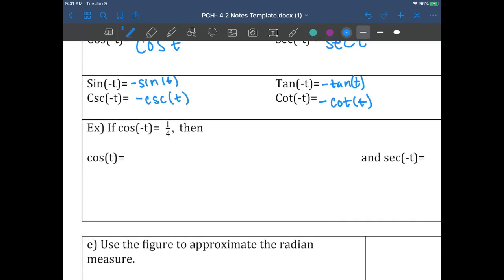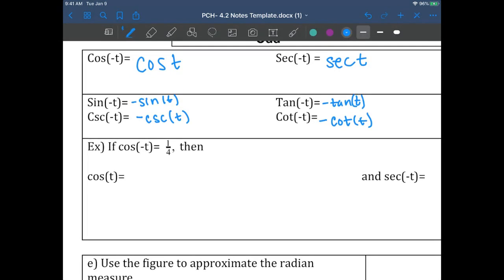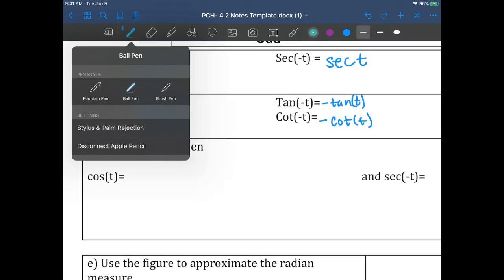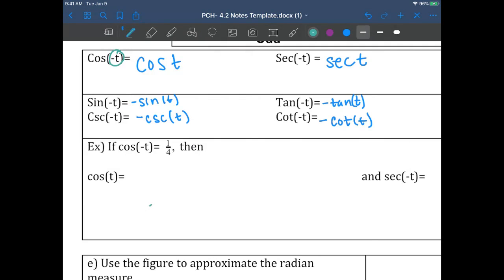So using our rules, if cosine of negative t is equal to 1/4, then cosine of t, let's see, cosine of negative t is equal to the cosine of t. The cosine of negative t is 1/4, so cosine of t must be equal to 1/4 as well.